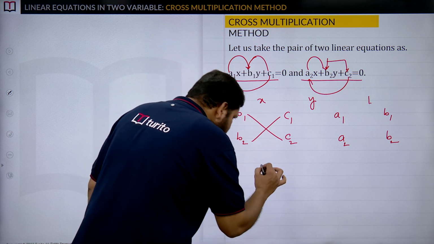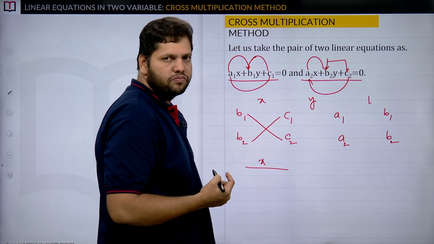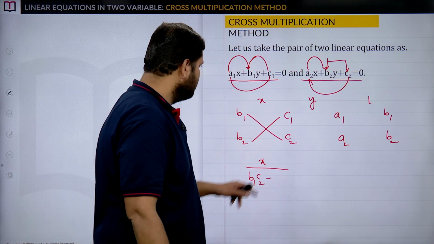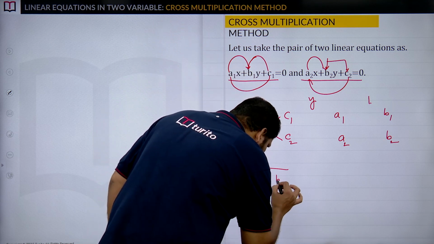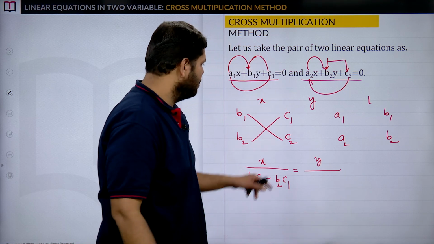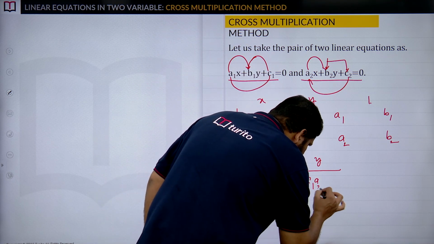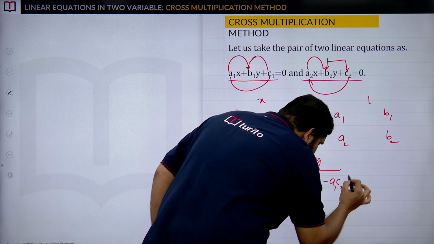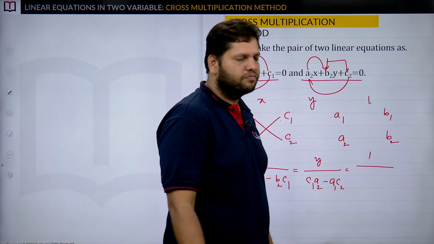So x by b1 into c2 minus b2 into c1 is equal to y by c1 into a2 minus a1 into c2, is equal to 1 by a1 into b2 minus a2 into b1.